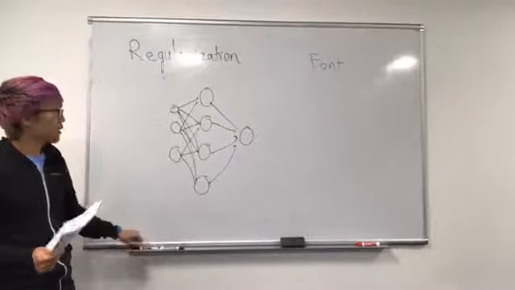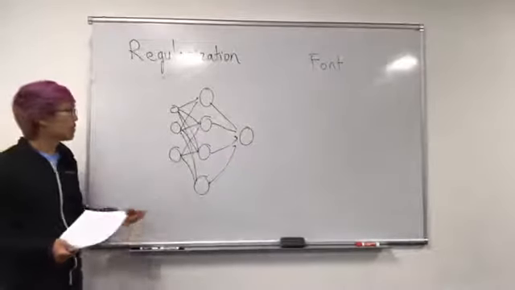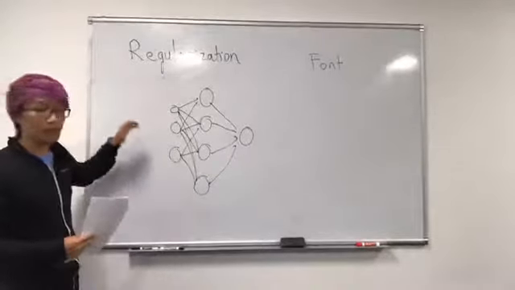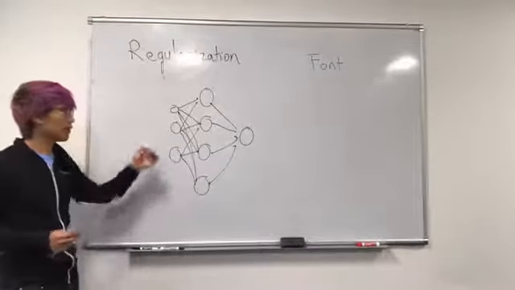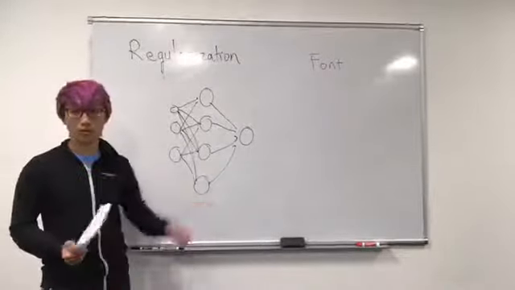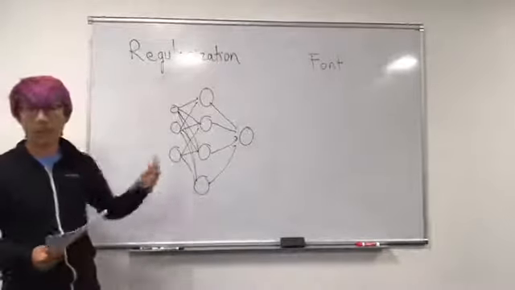And so how this works is during training, we'll randomly take a subset of the nodes and use those to calculate the actual input to, let's say, the output layer.